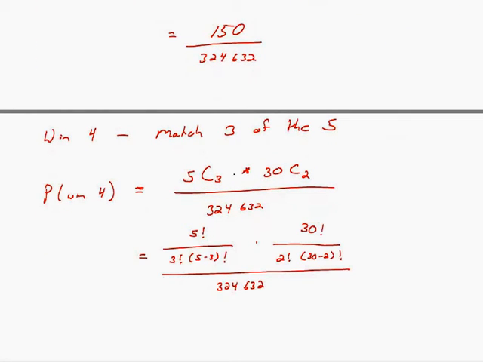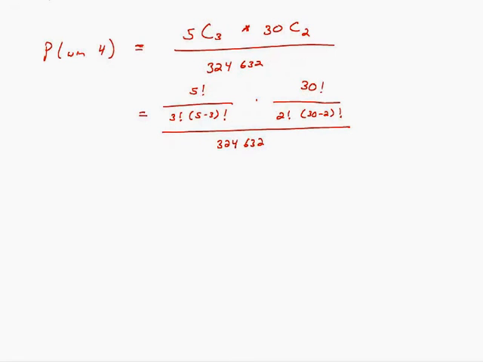I wrote the definition for both of those and realized we just need to reduce them. For the first term, I have 5 times 4 times 3 factorial, all over 3 factorial times 2 factorial, which is 2 times 1.